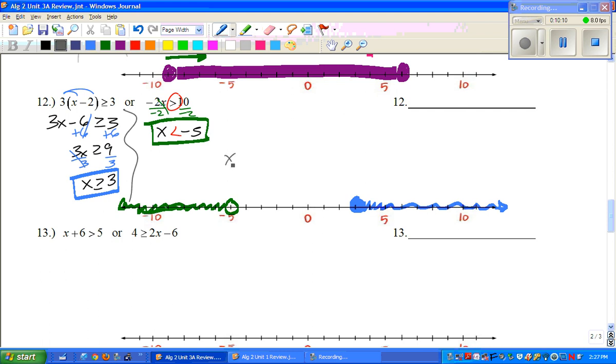Now, if we're rewriting this in order, x is less than -5, or x is greater than or equal to 3. And now when we're writing interval notation, we start at -infinity, and it goes to -5, and it's open, so we use parentheses. There's our or, closed at 3 to +infinity.